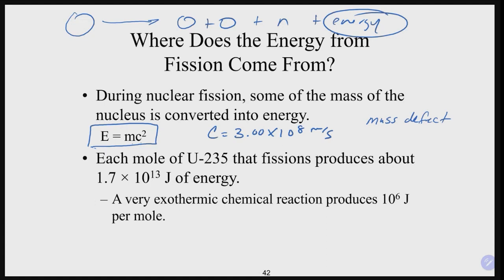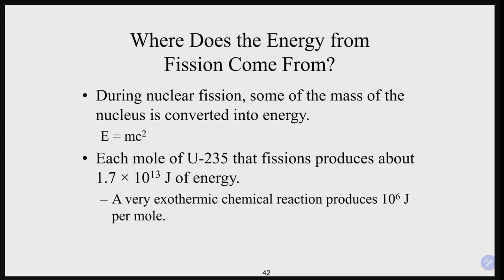So as you can see, a fission reaction, for example, like what they use in nuclear power plants, gives off somewhere around 10 to the 13 joules of energy. As a comparison, your really super exothermic reaction is like 10 to the 6 joules of energy. So there's a lot more energy given off in a fission reaction.